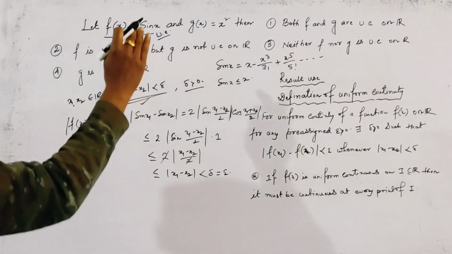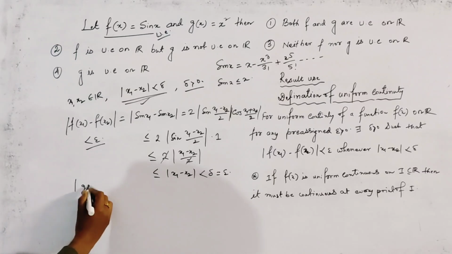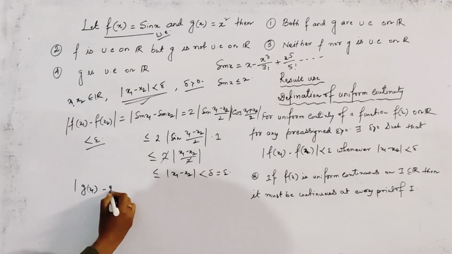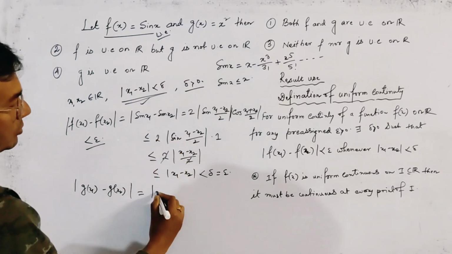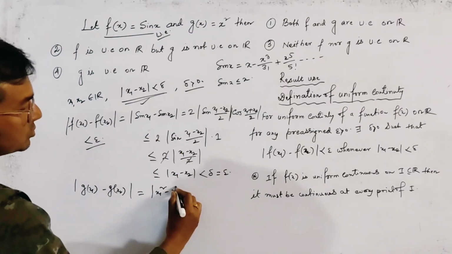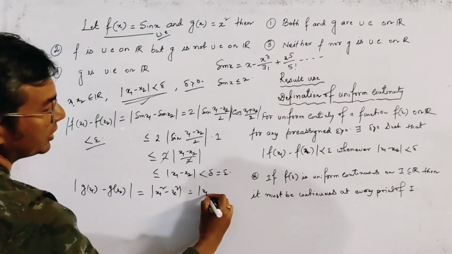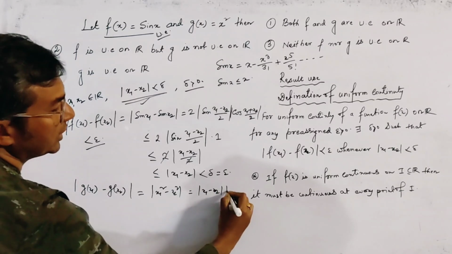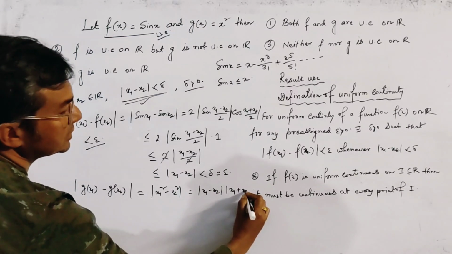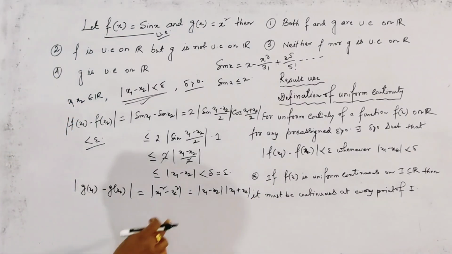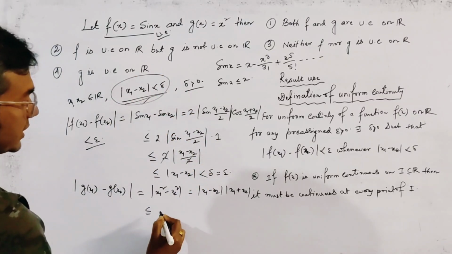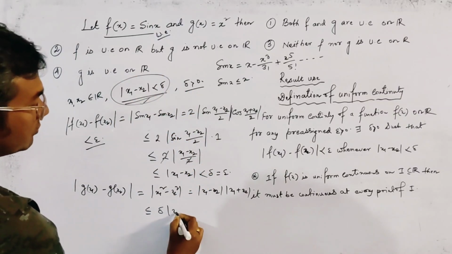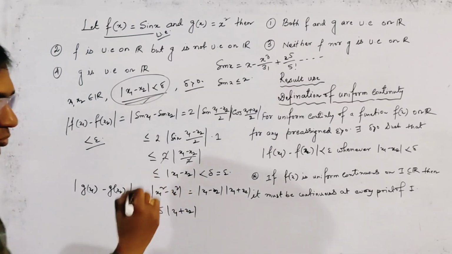Now for the second function, if we take |g(x1) - g(x2)|, clearly this is |x1² - x2²|, and this is |x1 - x2| into |x1 + x2|. Now if we put this relation here, we get this is less than or equal to delta into |x1 + x2|.